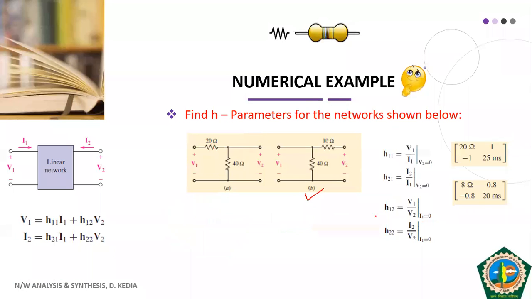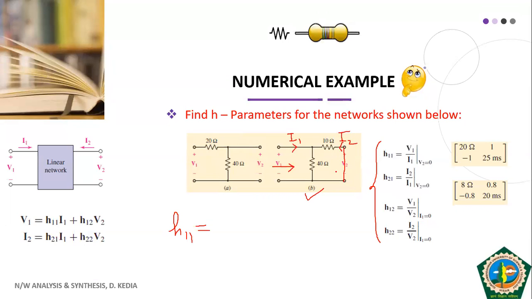Here we will again find these H parameters. First, let us discuss H11, which is nothing but your input impedance, the equivalent resistance seen from the input port. Here you have I1 and here you have I2, and your V2 is 0. It means this is short.